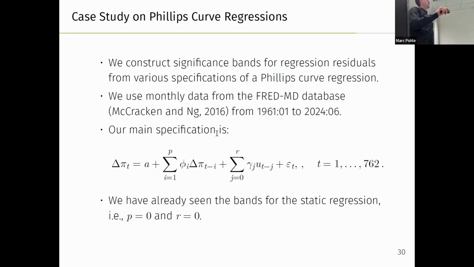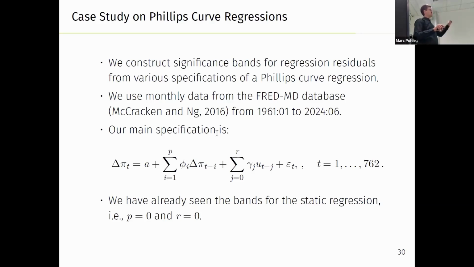We use monthly US data from the FRED-MD database from 1961 to 2024. Our main Phillips curve specification is like this. So this is differenced inflation, and we possibly include lags of differenced inflation and lags of unemployment, and the current value of unemployment, of course.